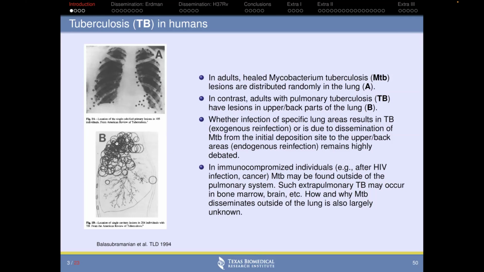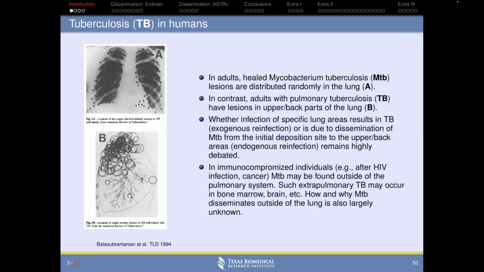We still don't understand how exactly people develop the disease. Another complication is that if an individual is immunocompromised, for example HIV infected, or maybe has cancer, MTB may be found outside of the lung.